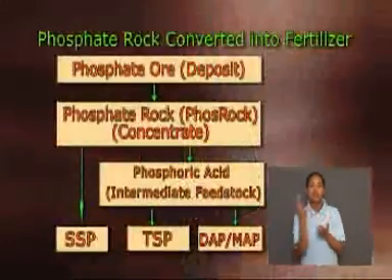The contact process is used to manufacture it because it is able to produce the concentration of sulfuric acid that is required by global industry. We learned about some of the chemical properties of sulfuric acid, as well as some of its uses.